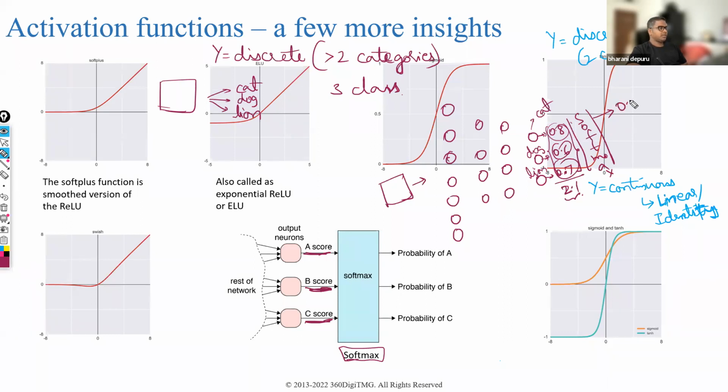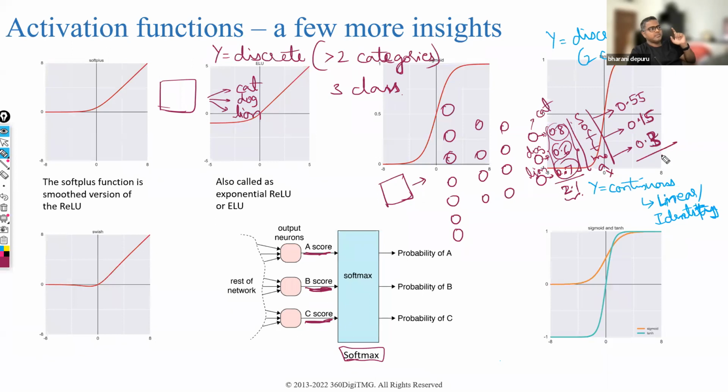So maybe it will say that this is 0.55, and some other value, say 0.4 for another, and maybe 0.05 or 0.3, then 0.15.